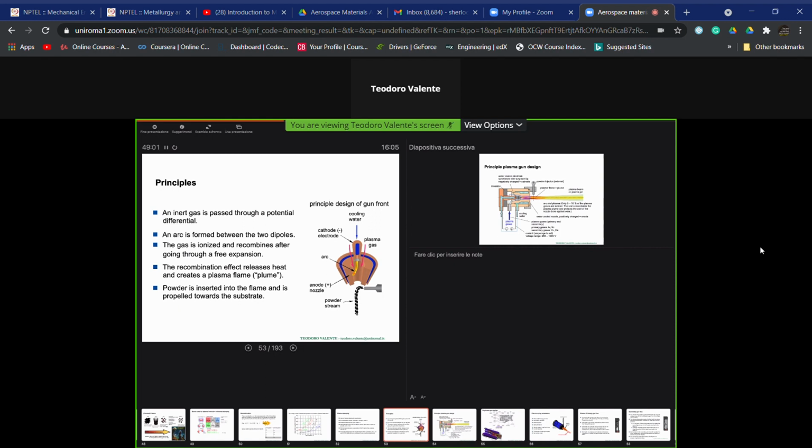This happens here, then this gas, to some extent, must go out from our torch in this direction, for example, having a temperature and a velocity profile depending on the shape and size of the nozzle exit.